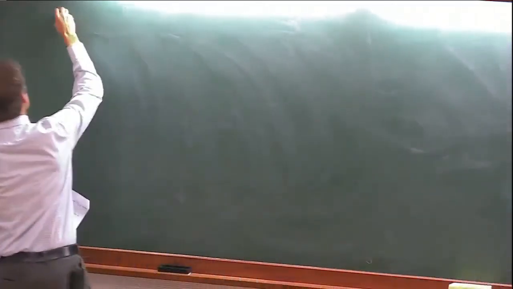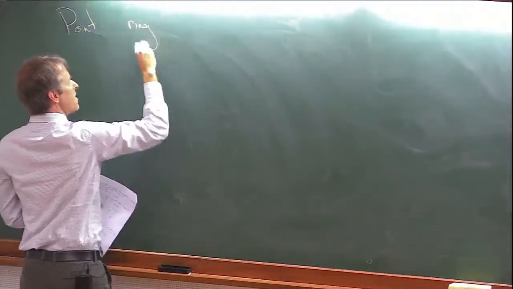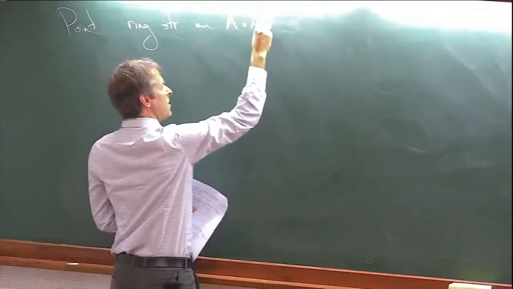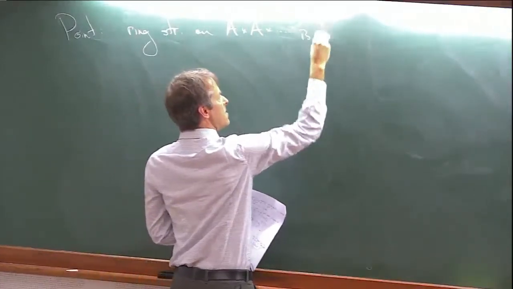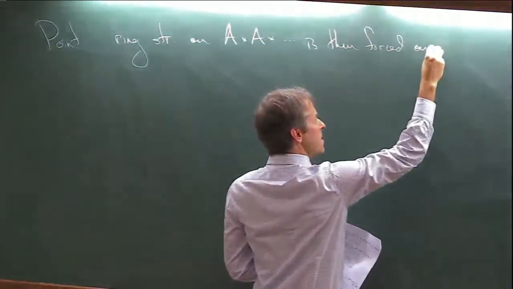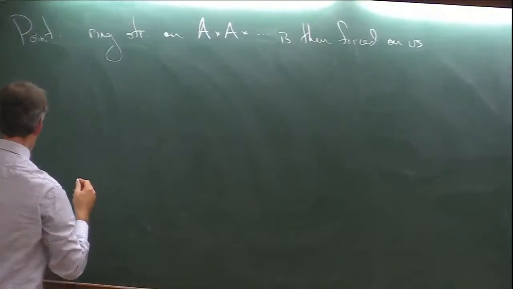So the point is that the ring structure on the infinite product is then forced on us, and it's even forced in a very explicit way.